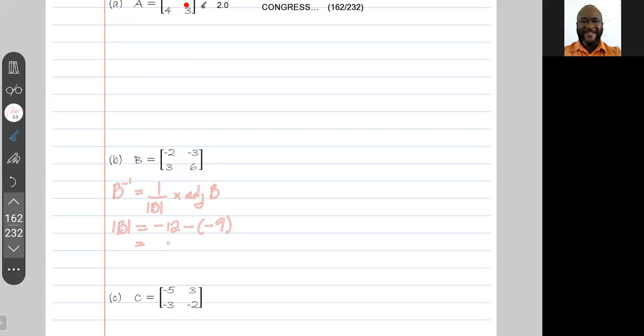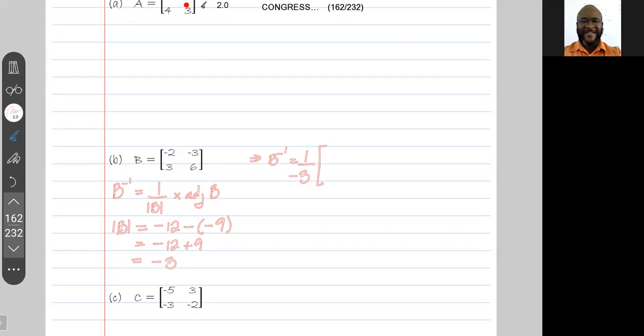So this is minus 12 plus 9. The determinant of B is minus 3. So therefore, B inverse is 1 over the determinant, which is minus 3, times adjoint B.